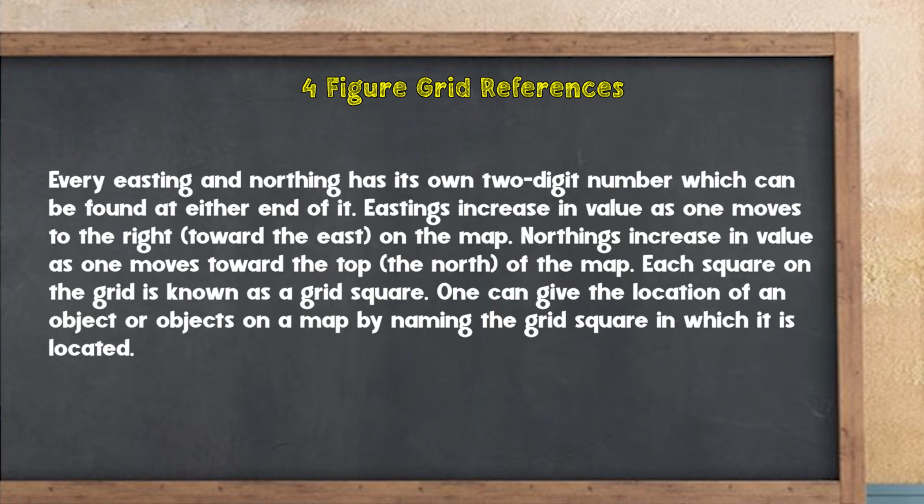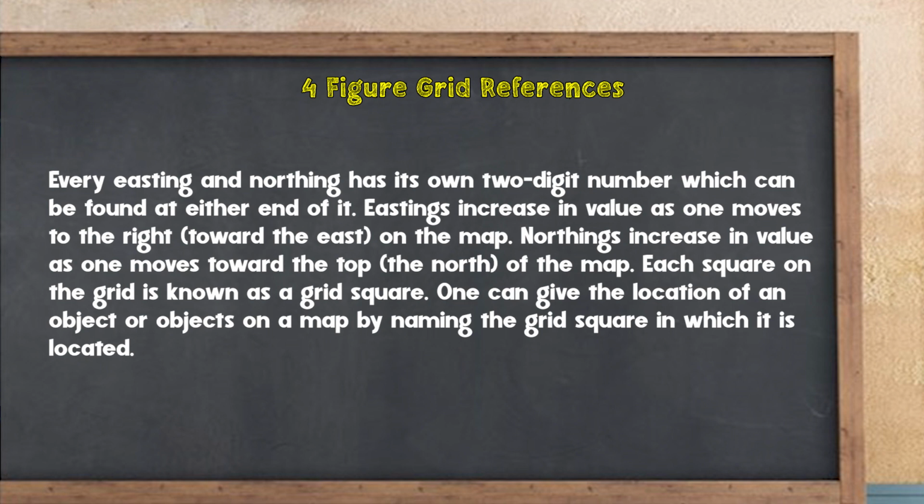Every easting and northing has its own 2-digit number which can be found at either end of it. Eastings increase in value as one moves to the right, towards the east on the map. Northings increase in value as one moves towards the top, which is to the north of the map.